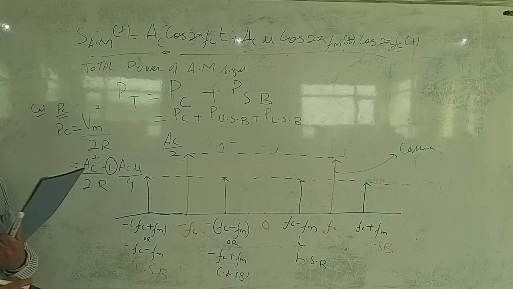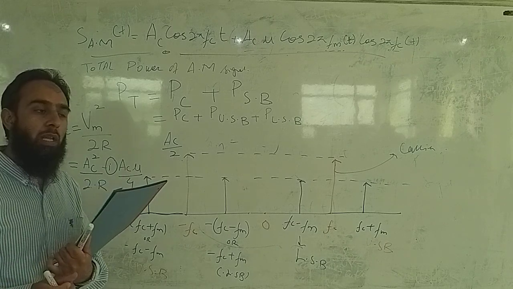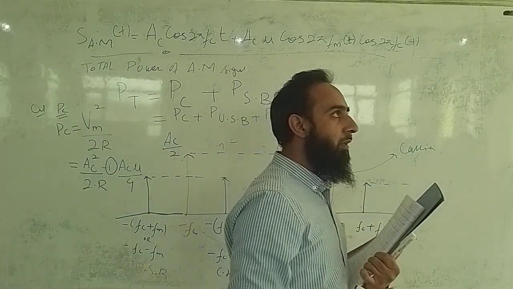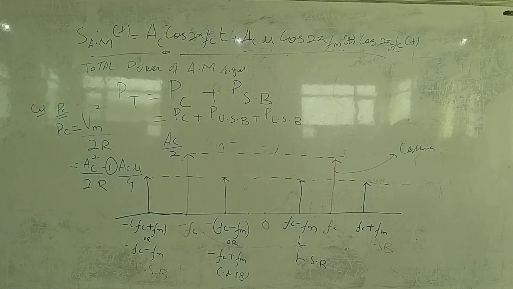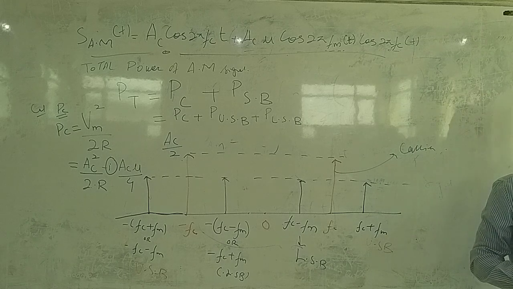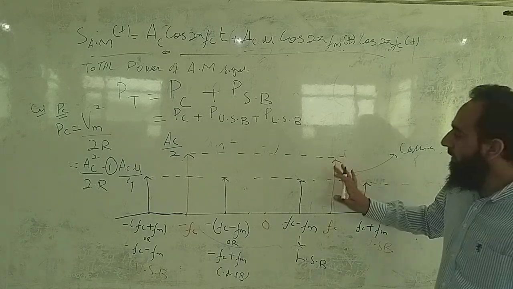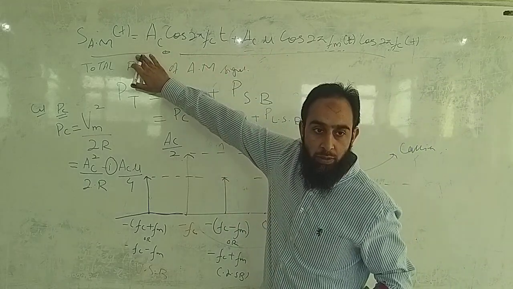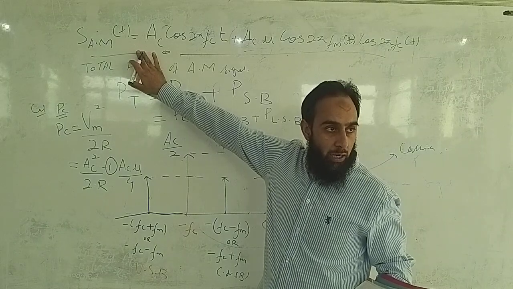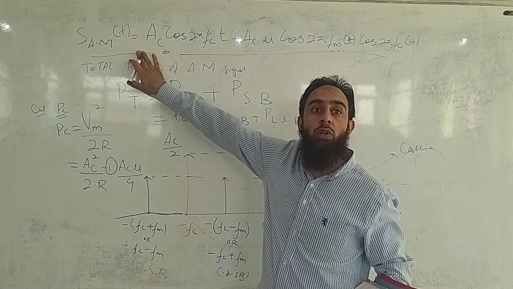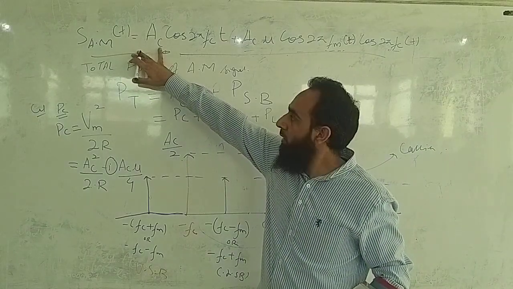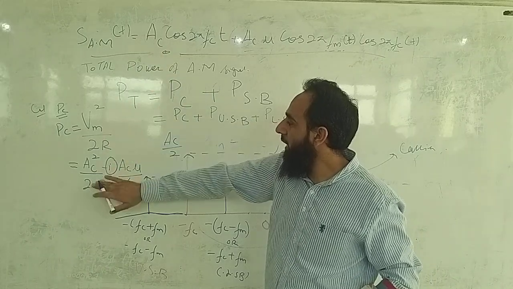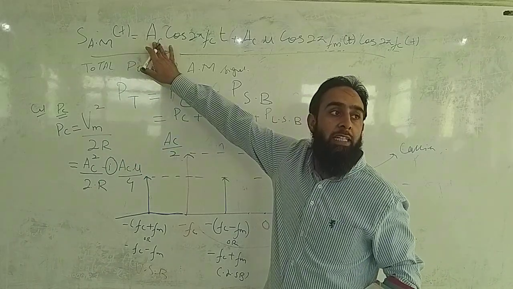Please solve it once. Right, Vm is equal to AC, because we are calculating the power because of the carrier component only, and that is what the expression tells.